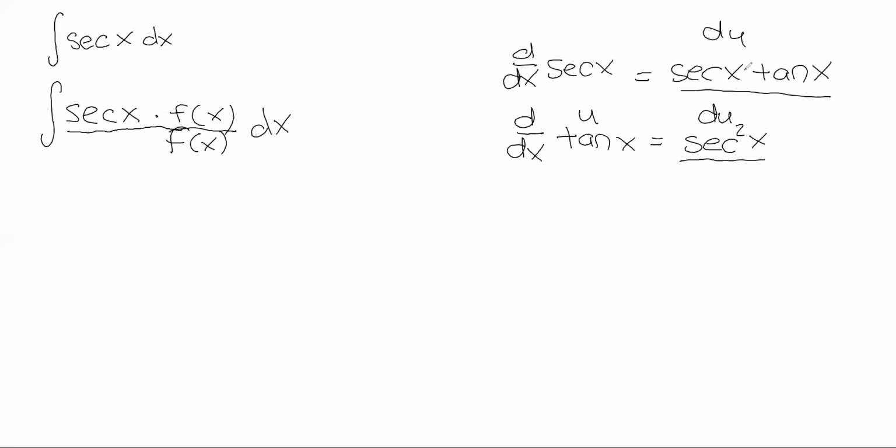So we're going to have to make f of x into a multi-term expression. We're going to want to make it into secant of x plus tangent of x. And I'll show you why.